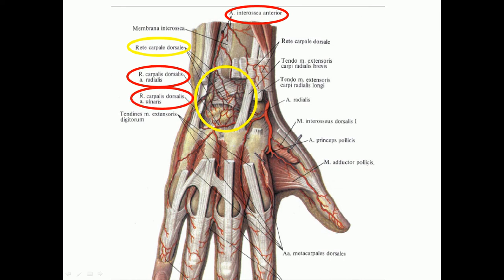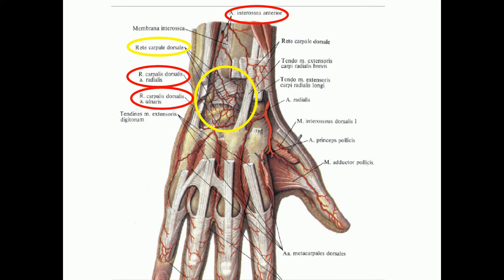Then ramus carpalis dorsalis from arteria ulnaris, from here, from arteria ulnaris. And together they serve for branching these vessels in intermetacarpal spaces from the dorsal surface.